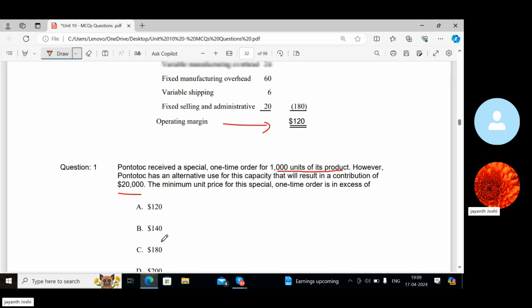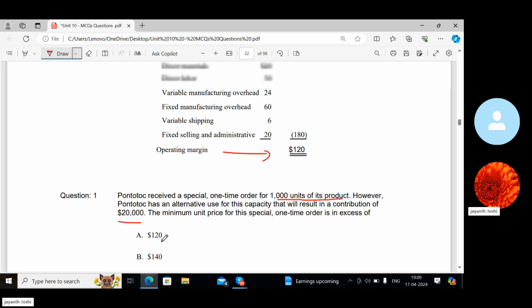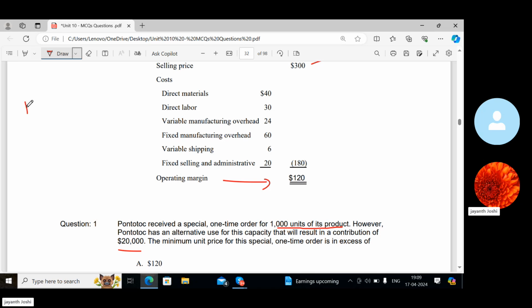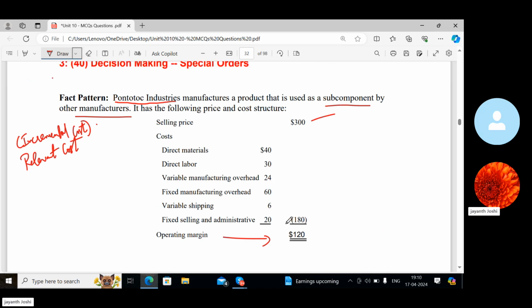So for such kind of questions, first we have to see what are the relevant costs for us. Relevant cost is always the incremental cost for any type of project we take up. So what are the incremental costs for us?